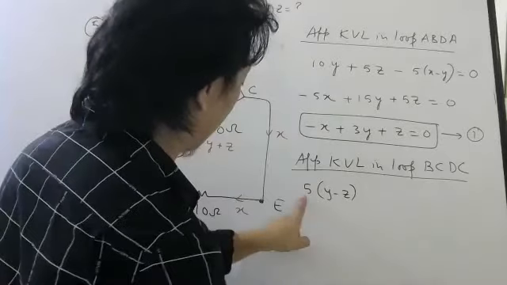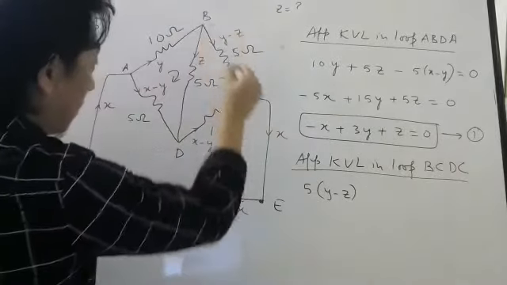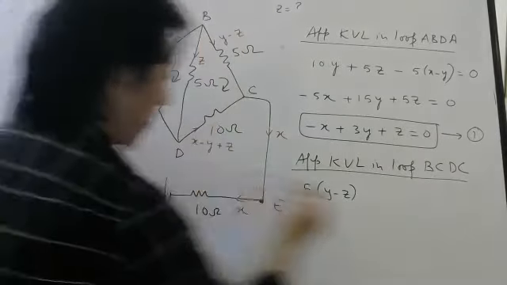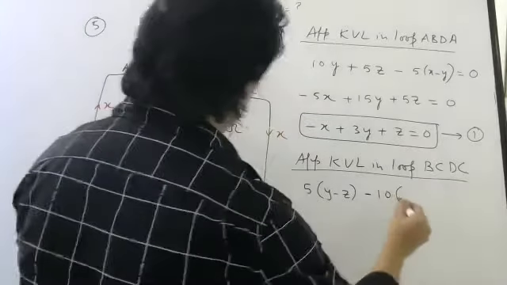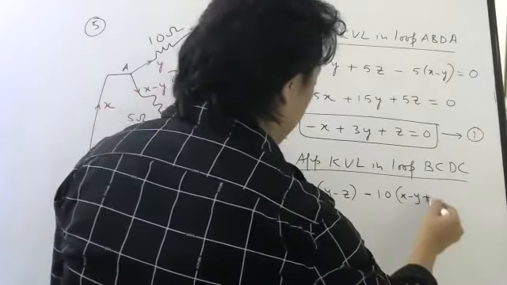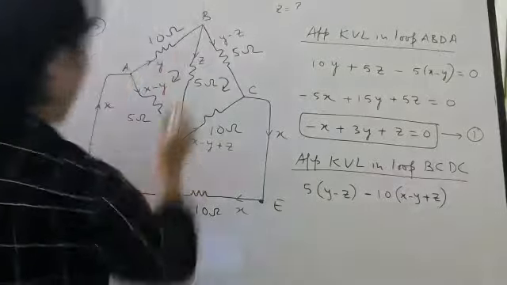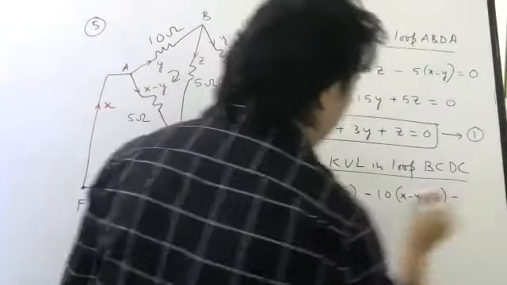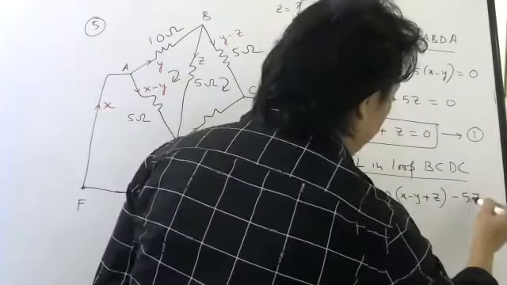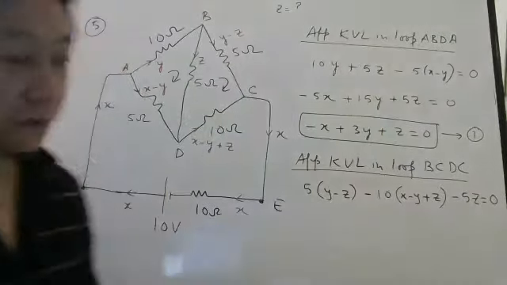I into R, Ohm's law. Here opposite to current, so minus. Resistance is 10. Current is X minus Y plus Z. Here also opposite to current, because I am going like this, so minus. 5 is the resistance, current is Z. That will be equal to 0.